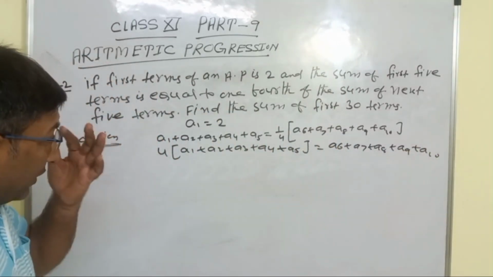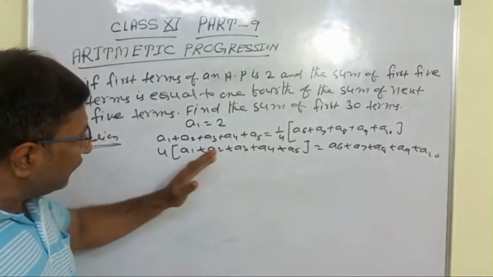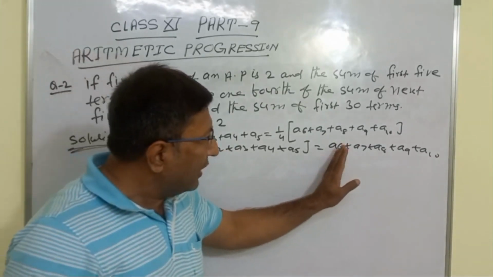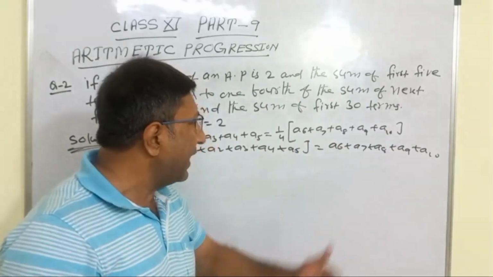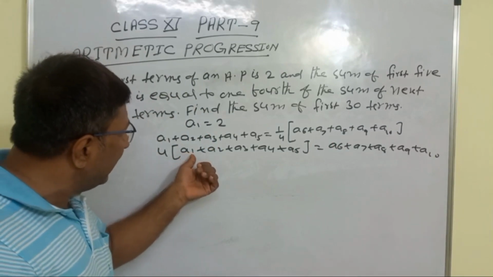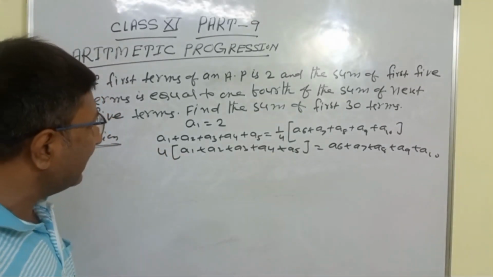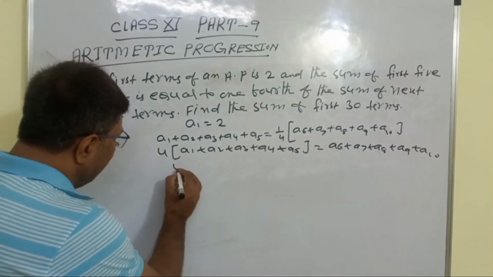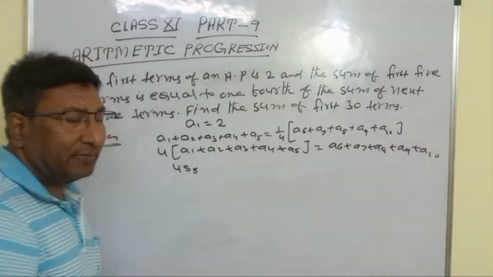Now you know the sum of the first 5 terms, and here we are going for the sum of the next 5 terms, A6 to A10. So when we add here, this is S5, A1, A2 up to A5. So we can write here 4S5.